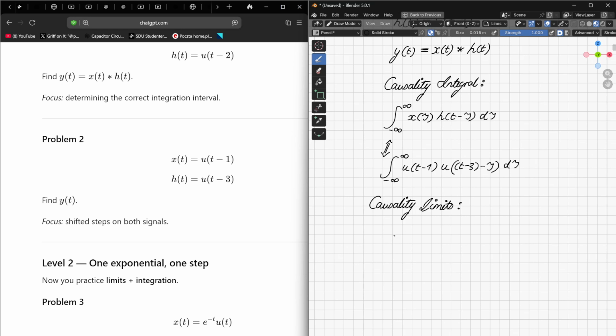Okay, so u(t minus 1) does not equal to 0. Oh, you know what?